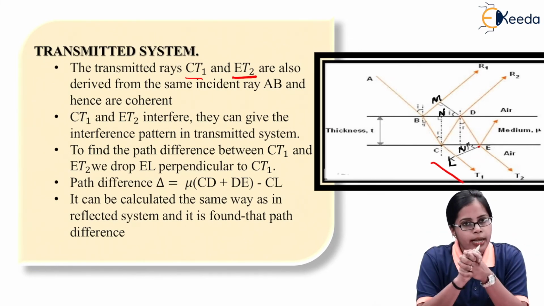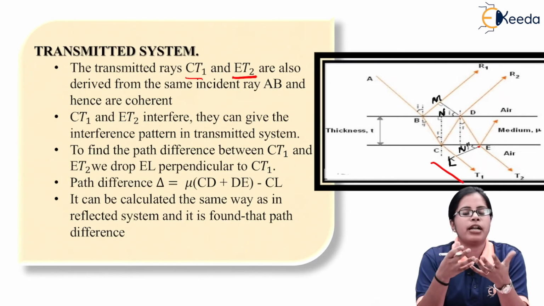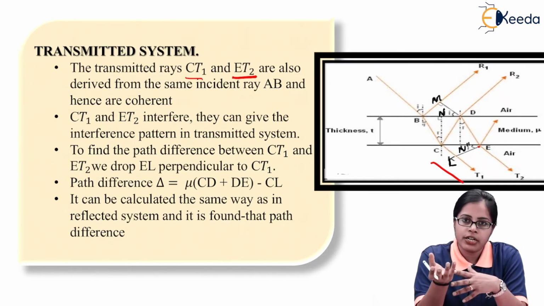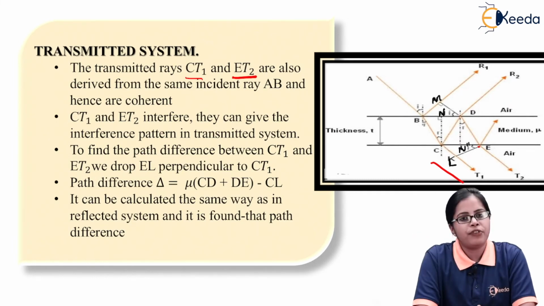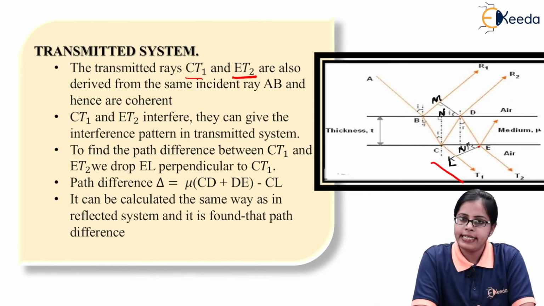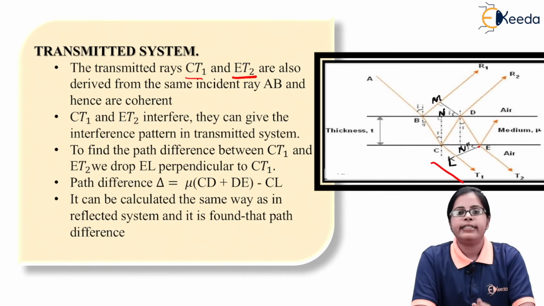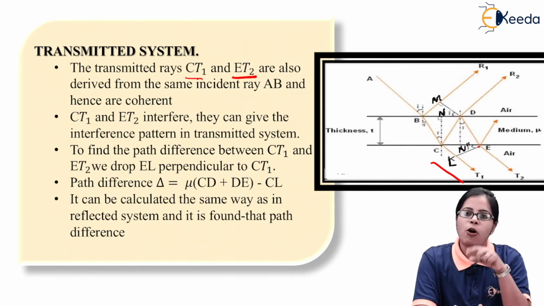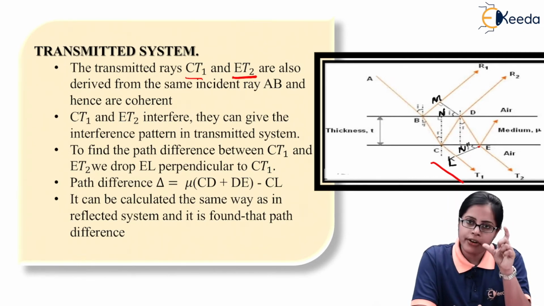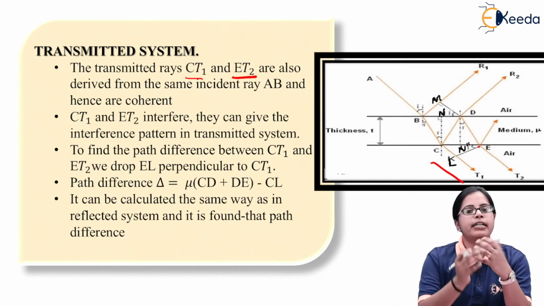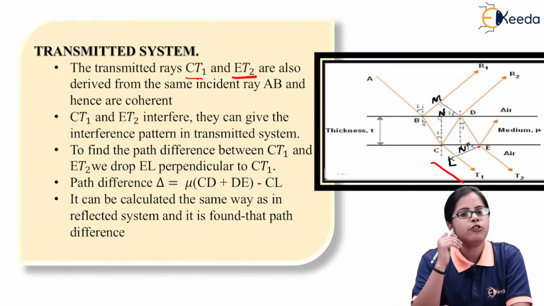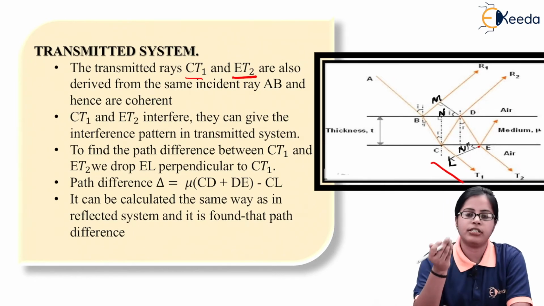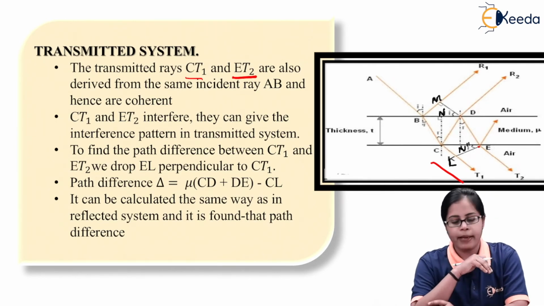When we overlap them, we get either constructive interference or destructive interference. If you look at the two transmitted rays, CT1 and ET2, they are originally obtained from the same original ray AB. So we can consider these two rays to be coherent rays because they are obtained from the same ray AB.